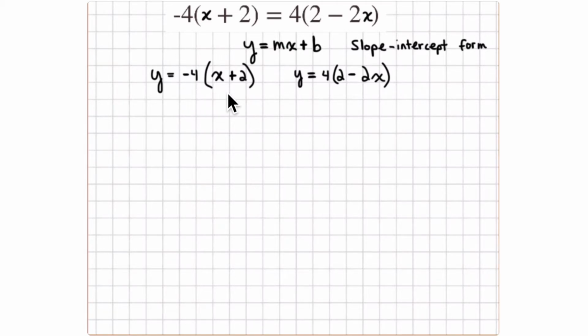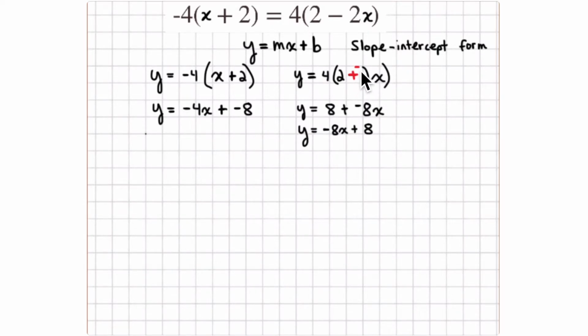So I'm going to put this in the form of y equals mx plus b. So it's negative 4 times x plus 2, and on this side it's just 4 times 2, and I'm going to change this to adding the additive inverse, so plus a negative 2x. You make that change. This is in the slope-intercept form now. This has a slope of negative 4, so for every unit along the x-axis, the line goes down 4 units along the y-axis.